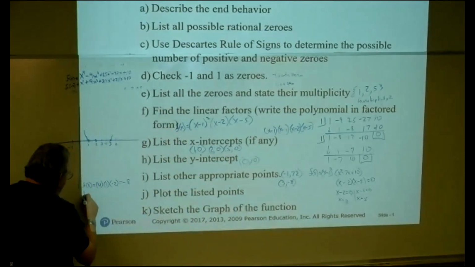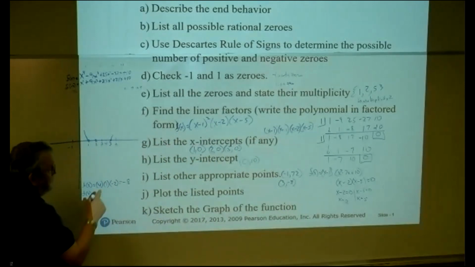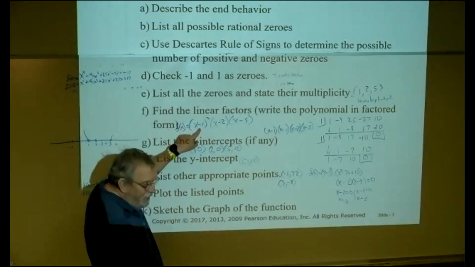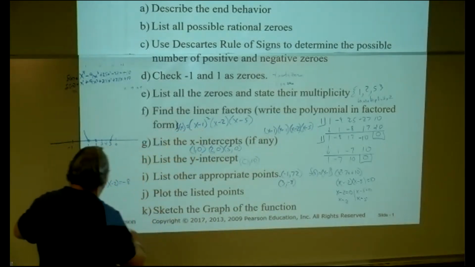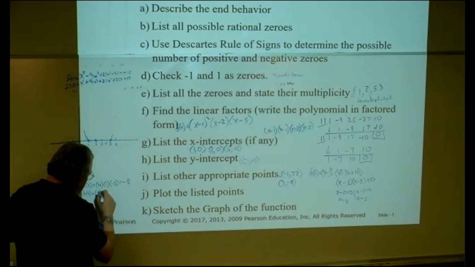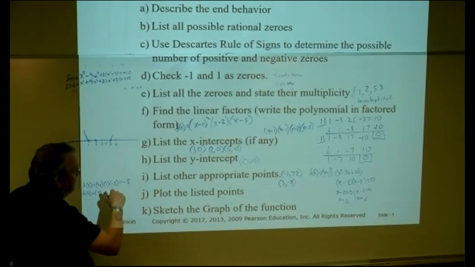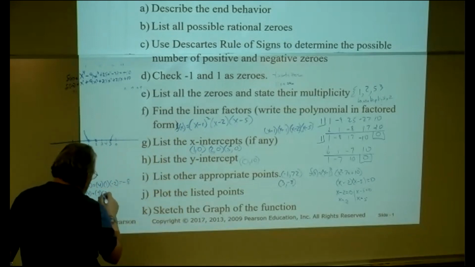And now I'm going to find out what happens at 4. So now I do 4 minus 1. 4 minus 1 is 3. 3 squared is 9. 4 minus 2 is 2.